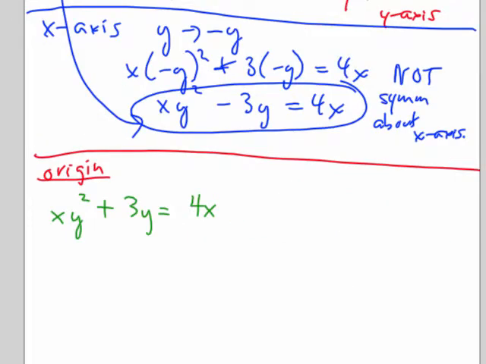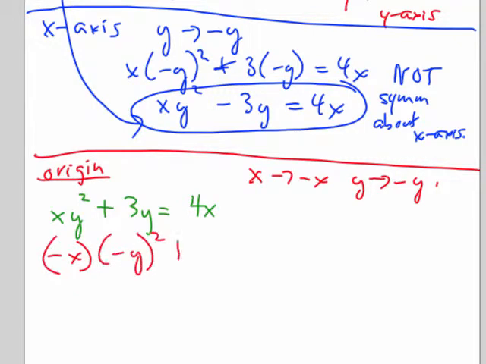Okay, testing for symmetry about the origin means that if I replace x with negative x and y with negative y, my relation would match its original self. So making the changes. So I have y squared times negative x.